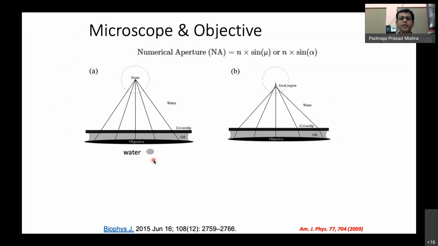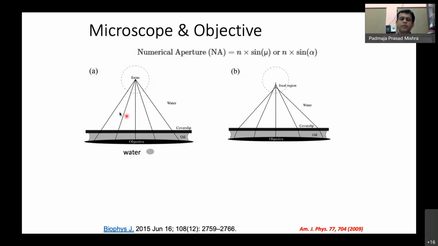The common objectives that are used in optical traps are mostly oil immersion objectives. One of the reasons for using an oil immersion objective is the good numerical aperture that we get. But there is a problem when we use an oil immersion objective.